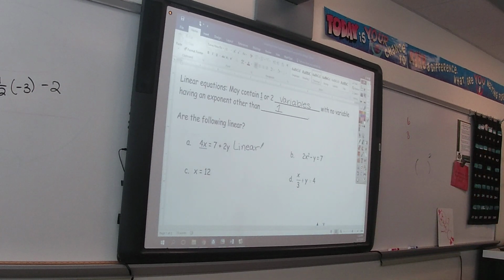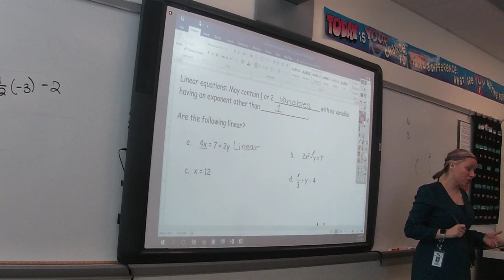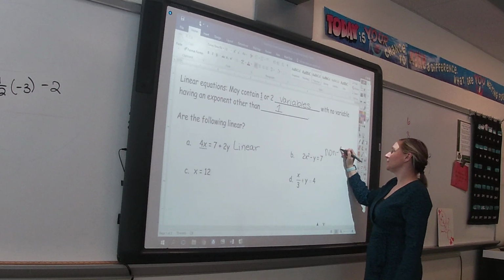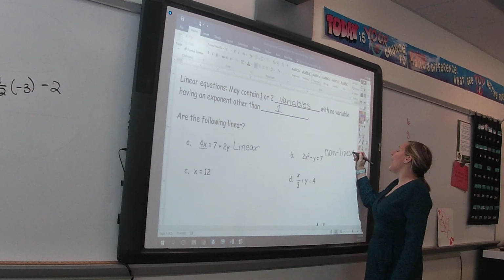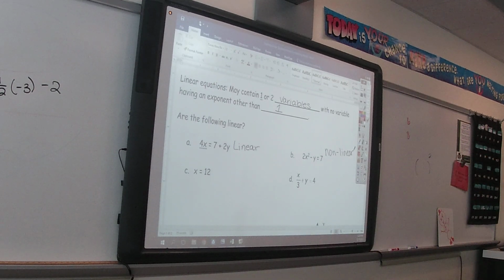How about B? No. Why is it not? We have an exponent of 2. This is super creatively named. If it's not linear, we say that it's nonlinear. Now, it actually does have another specific name. And this is one of those topics that I think is easily overlooked but is really important. Math is full of patterns.